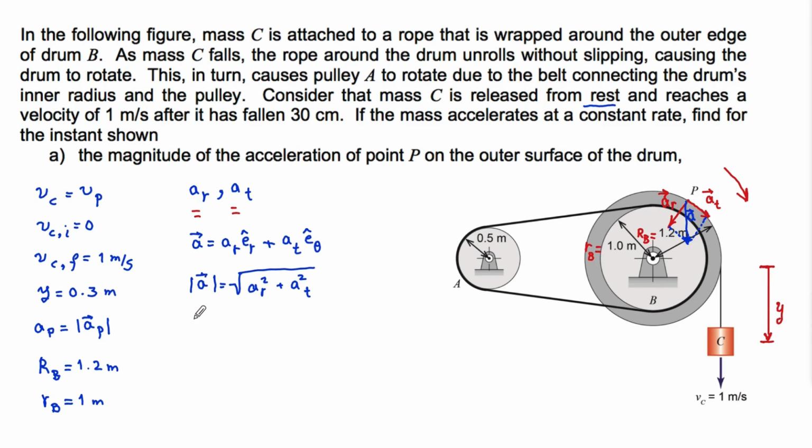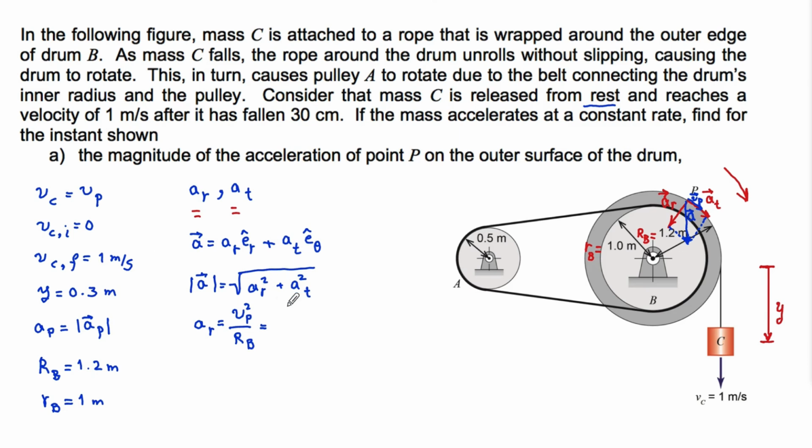So let's start with AR. From previous lectures, AR is VP squared over RB, where VP is the velocity of point P. When it reaches 0.3 meters, that velocity is 1 meter per second.